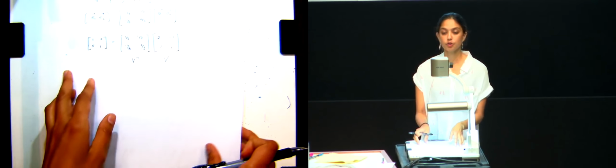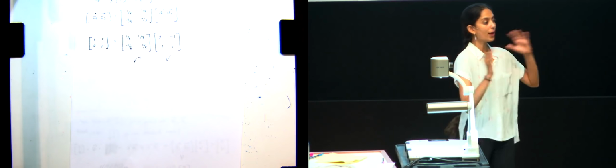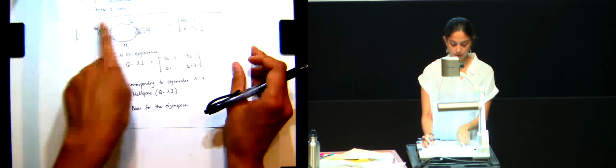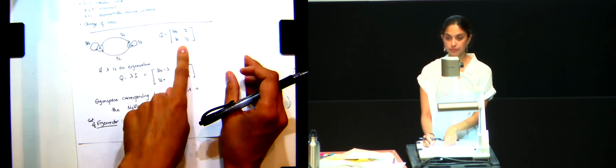Okay. So why did we want to do this change of basis business, right? We're saying that basically we can go back and forth between representations in a certain basis and a different basis. And why did we want to do this? Remember, in the example that we started out at the beginning of class, we had this pump system, right?